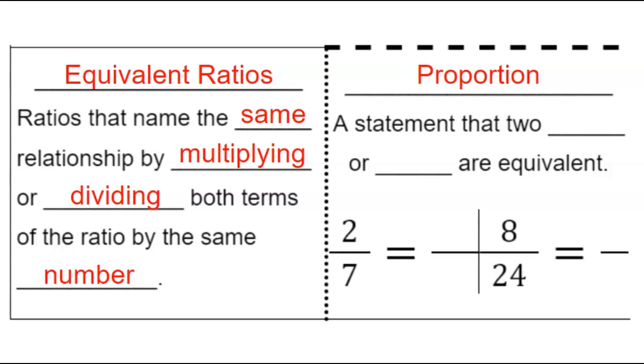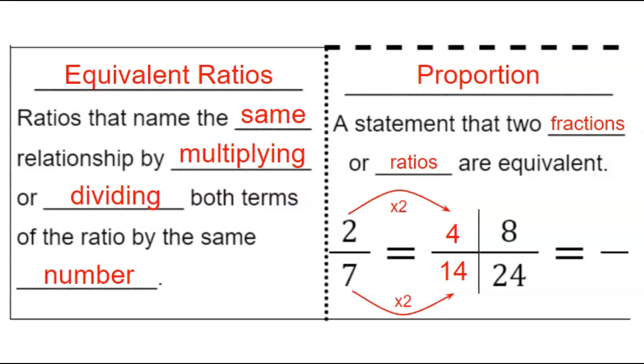A proportion is a statement that two fractions or ratios are equivalent. That's the same thing as equivalent ratios. So if we have 2-to-7, we could multiply the 2 by 2 and get 4. And what we do to the top, we do to the bottom, multiply by 2, and we get 14.